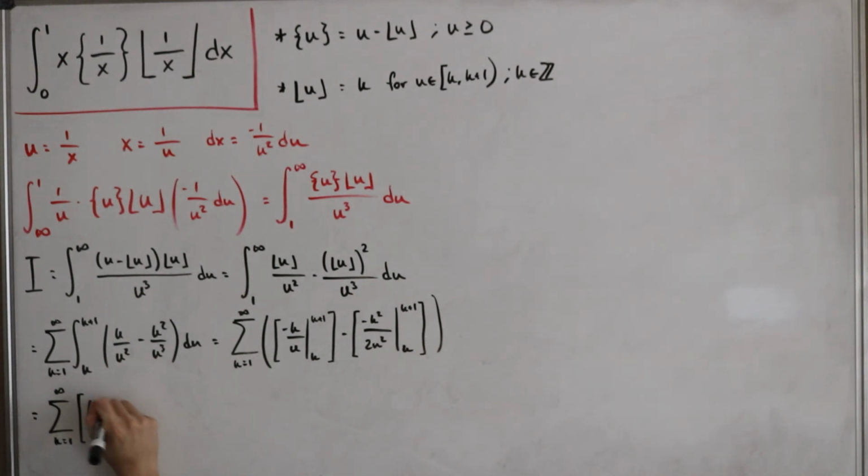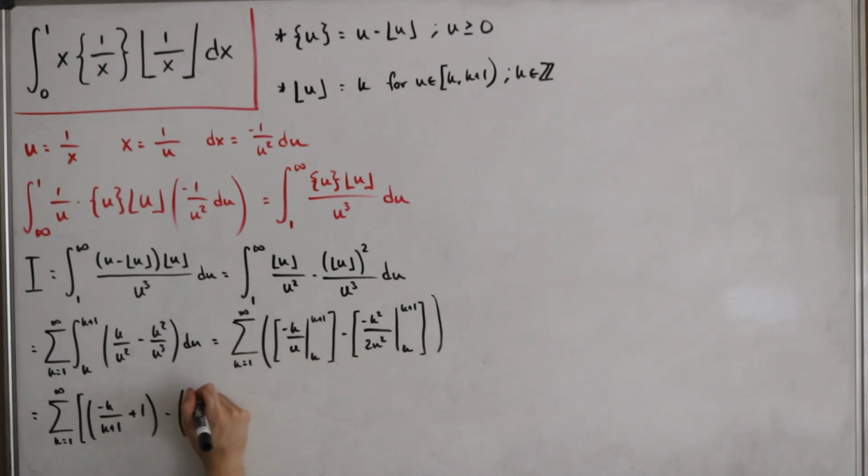So now we have negative k divided by k plus 1 plus 1, and then subtract negative k squared divided by 2 times k plus 1 quantity squared, and then add this with 1/2. Okay, now we can simplify this even further by first getting this into a common denominator, and then we can simplify more.